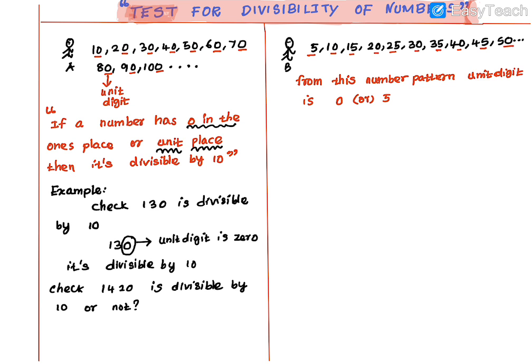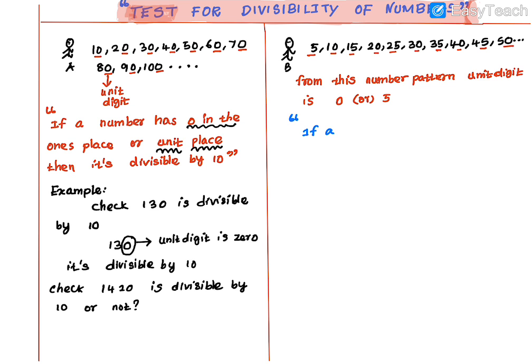That means if a number ends with 0 or 5 in the unit digit, then it is completely divisible by 5. Just make a note of it.